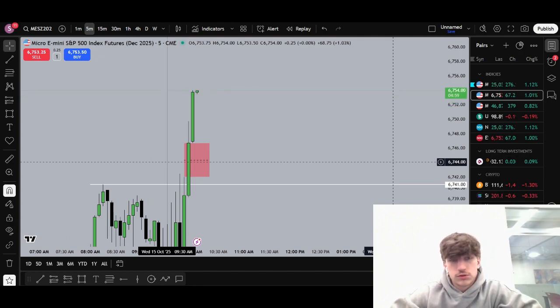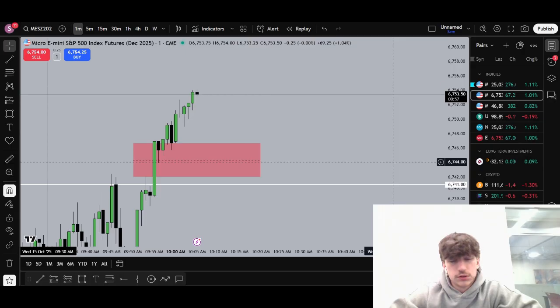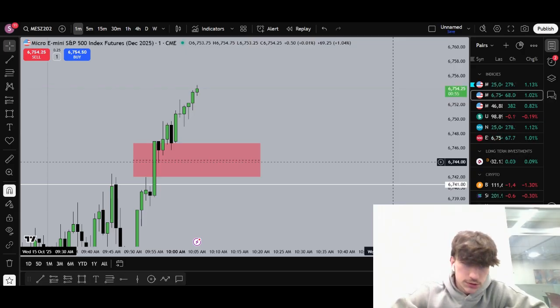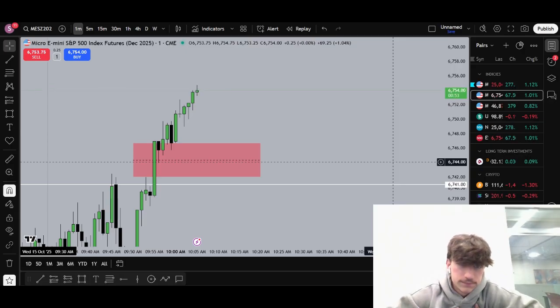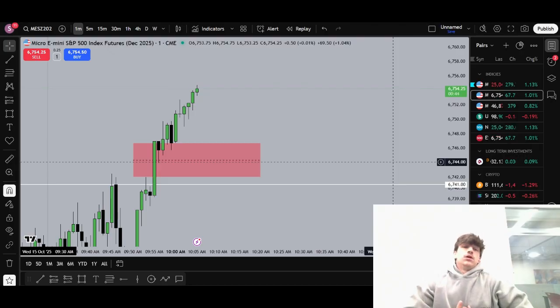Some 5 minute closes how we wanted it to. Now we just want to see a retracement. And if we can do it in this 5 minute candle, then it would still technically be in that macro.